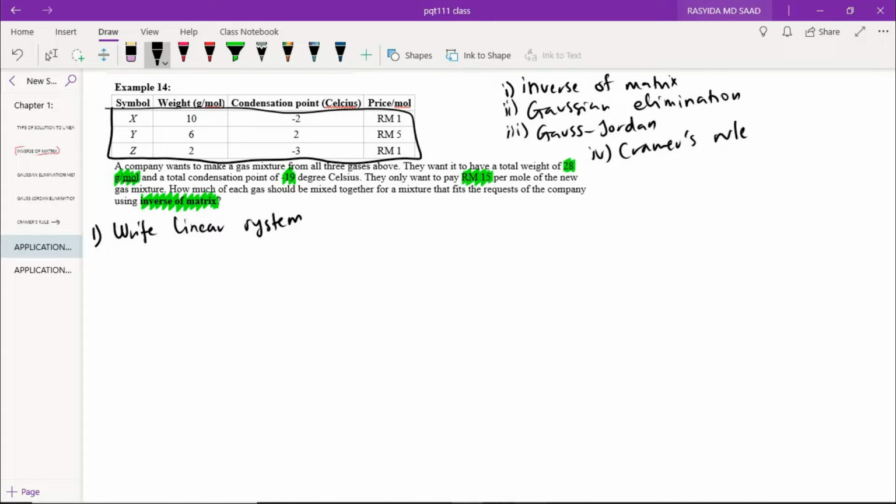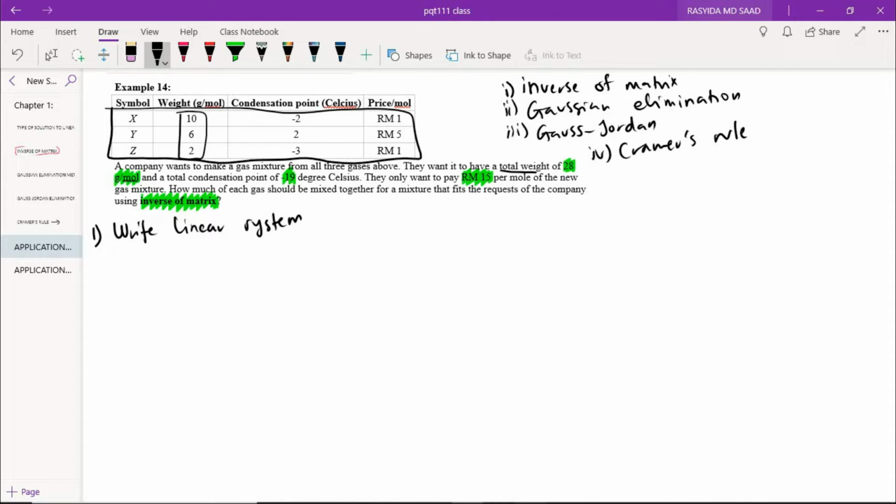Okay, we read it back. A company wants to make a gas mixture from all three gases above. They want it to have a total weight of 28 grams per mole and a total condensation point of negative 90 degrees Celsius. So from here, the weight that they want is equal to 28.